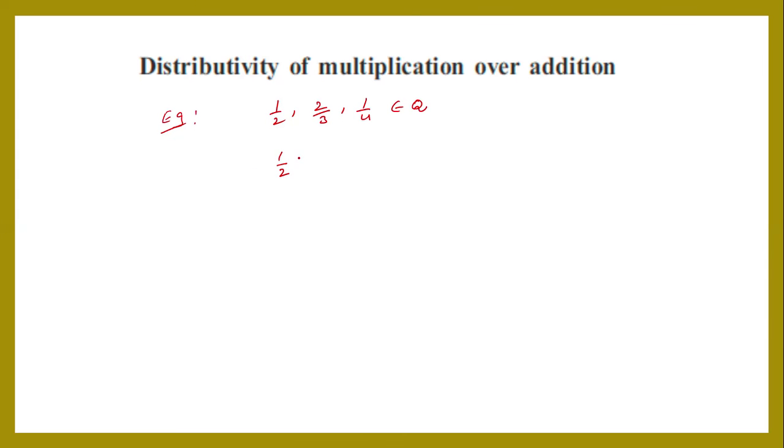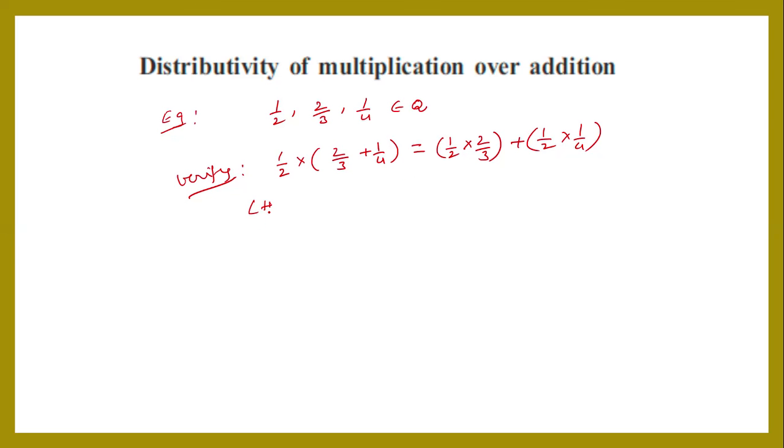You write: 1 by 2 into (2 by 3 plus 1 by 4), and on the right hand side, 1 by 2 into 2 by 3 plus 1 by 2 into 1 by 4. Okay, verify this result, and check that you get the same result for both left hand side and right hand side.